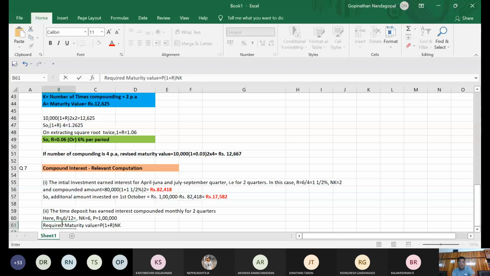So NK is the power. 1 lakh into (1 + R percentage), the whole power of 6. So that is equal to, yeah, give me what is the amount you get?